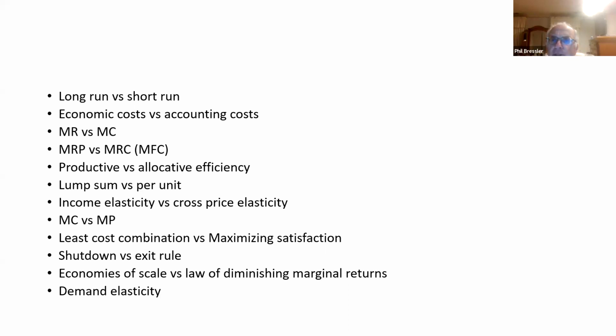Yeah, Sebastian, there's an inverse relationship between price and total revenue when you're elastic. And just think of it this way, if it's elastic, when price goes up, quantity demanded goes down more. Okay? So price times quantity is total revenue.